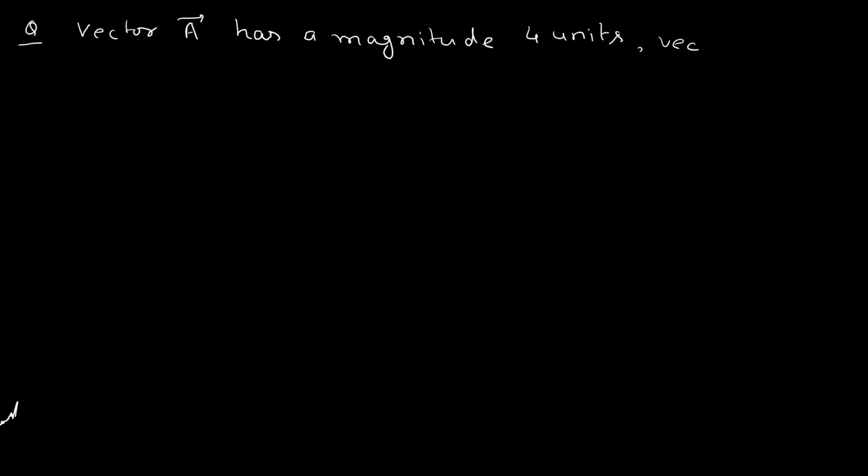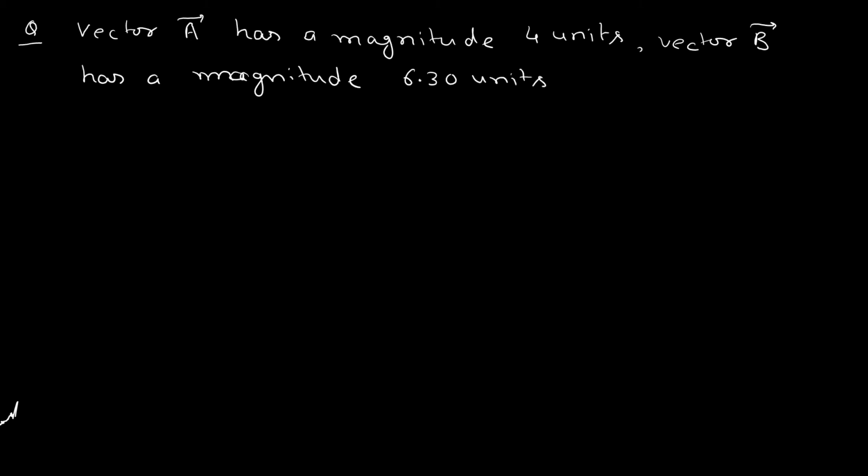Suppose we have this question: vector A has a magnitude of 4 units, and vector B has a magnitude of 6.30 units.